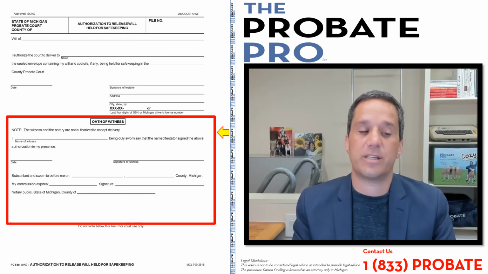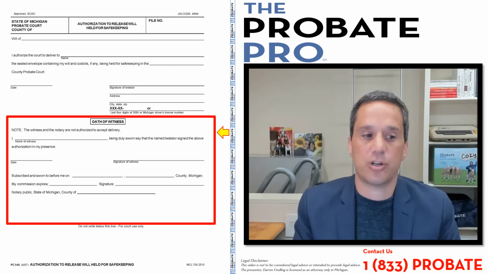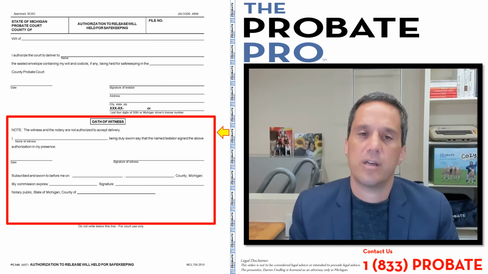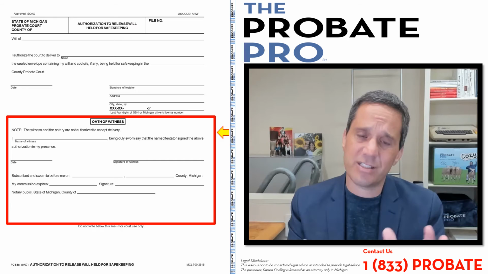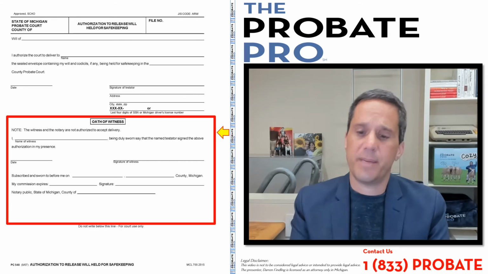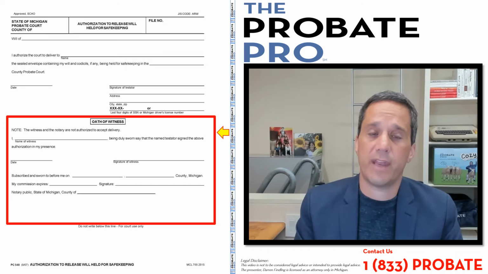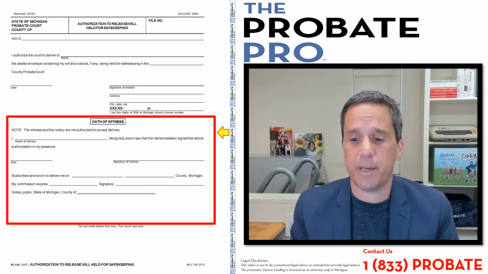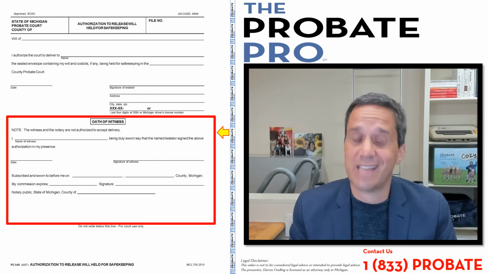The witness in this particular case is the person witnessing the signature, and then of course that they've witnessed in the presence, the signing, and then there's a notarization. The idea here is to make certain that somebody just doesn't fill this out and present it to the court and release a will that otherwise would be asked for safekeeping, which could disrupt somebody's appropriately created estate plan.